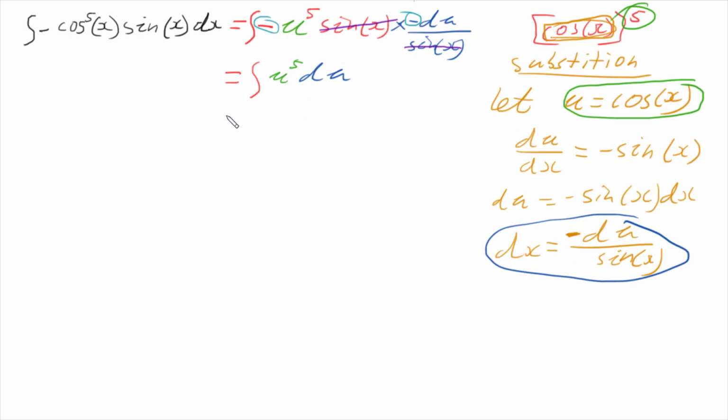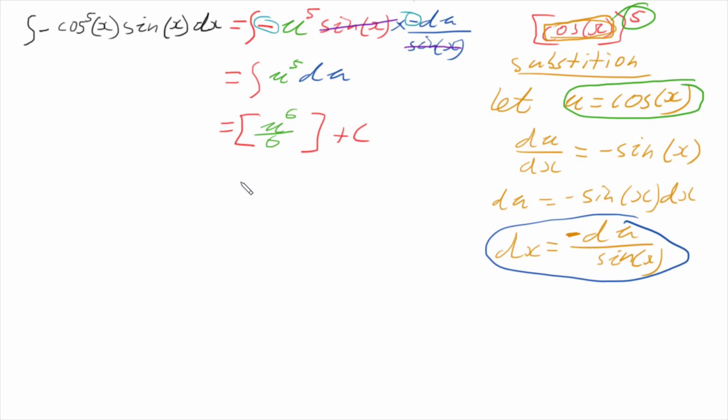So now let's do this integration. u to the 5 integrates to, we add 1 to the power and divide by the new power. And then of course I need to remember to plus c.